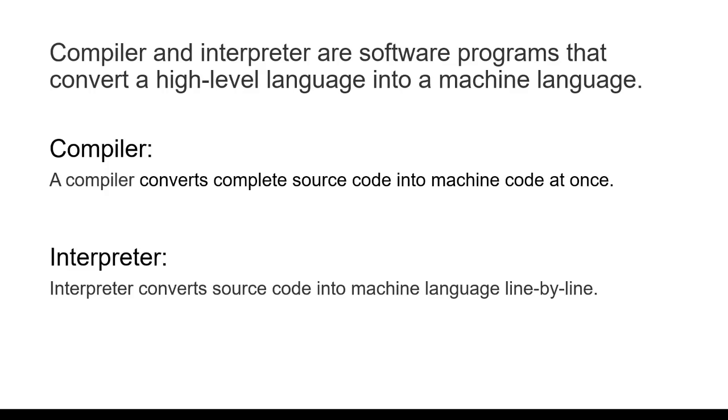For example, JavaScript. JavaScript is a high level language, but JavaScript is not completely converted. It is executed line by line. JavaScript cannot be executed whole. Only line by line it will be interpreted and executed. That is the example.